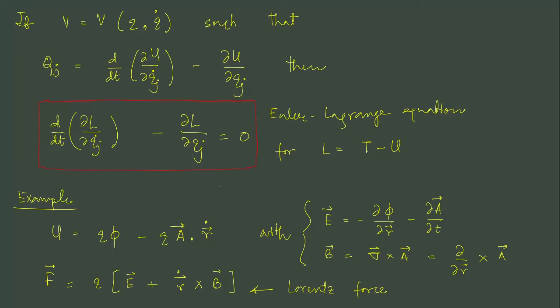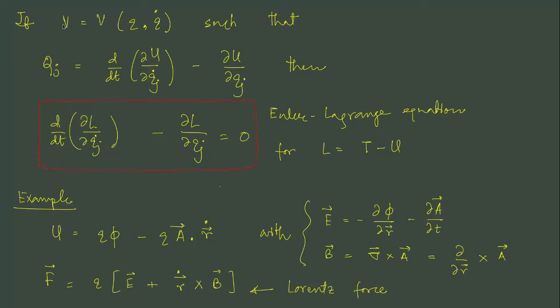Another interesting case is where the potential is a function of velocity. Suppose we have such a potential such that the generalized force can be written as d/dt of ∂U/∂q̇_j minus ∂U/∂q_j.